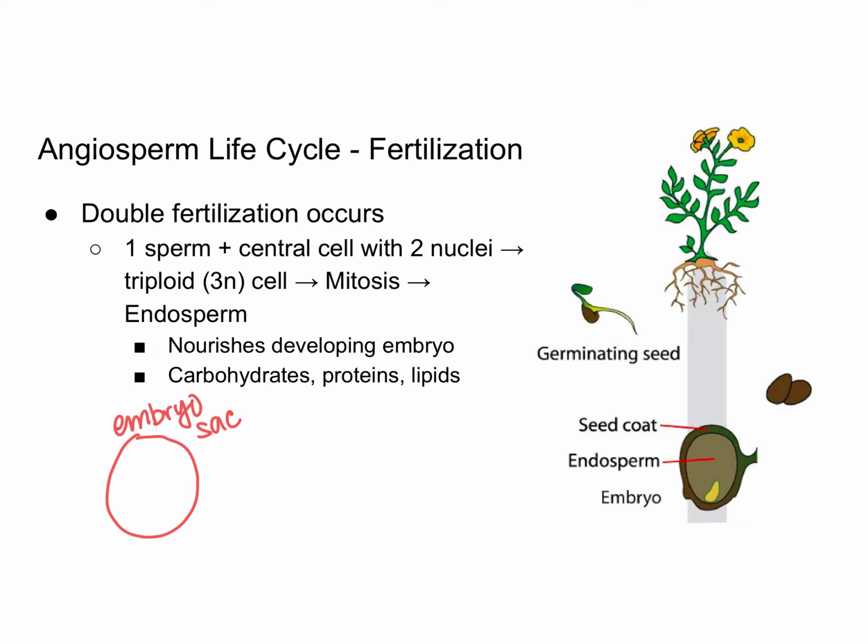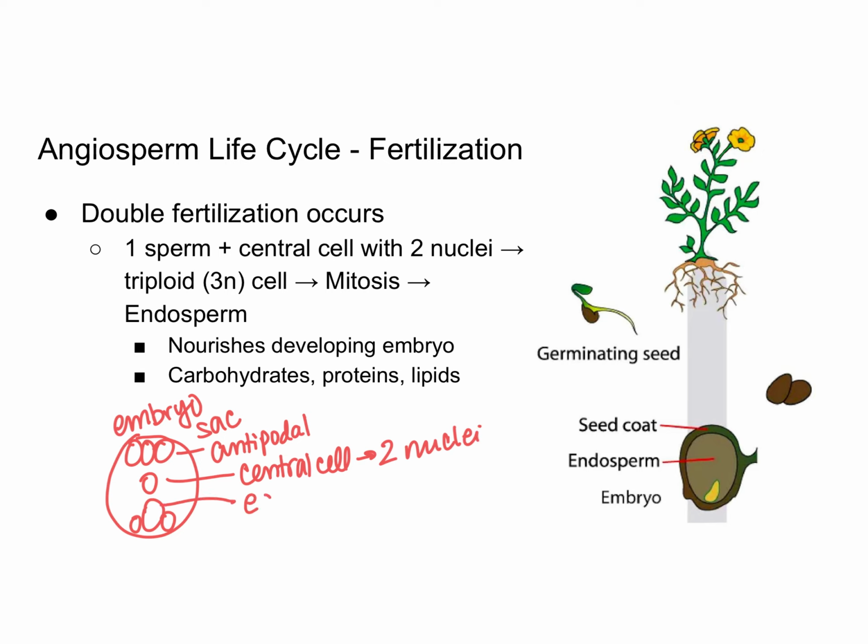Remember that it ends up having 7 cells in it. We have the antipodal cells. We have the central cell, and this one has 2 nuclei in it. Then we have the egg, and then the synergids.